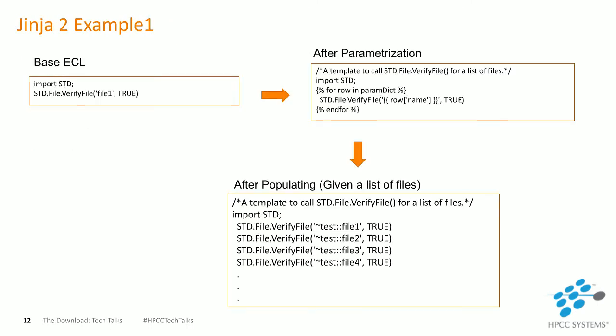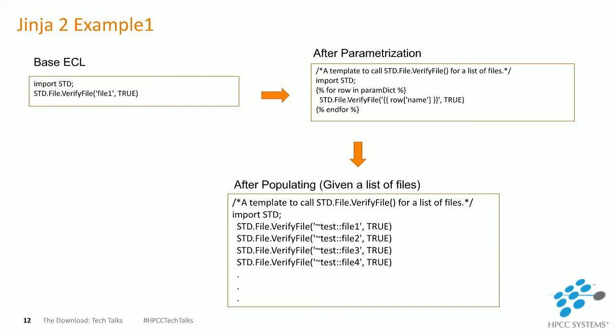So by digging into the example, we have a really simple 2-line ECL here, which just calls the verify file command, and as you can see here, this is just a file.